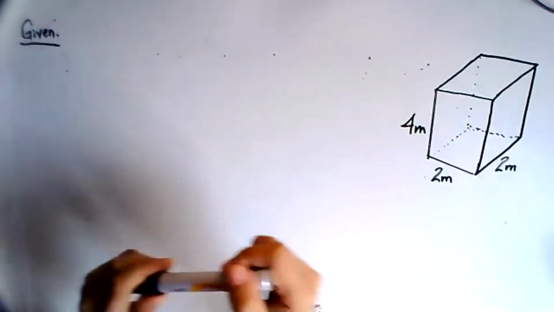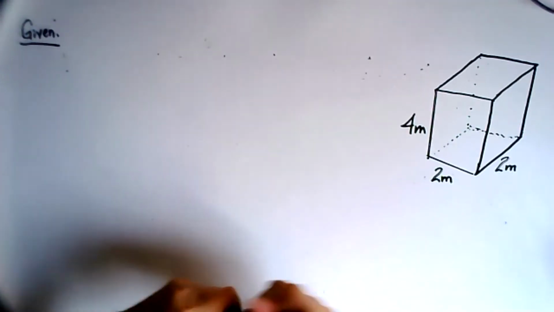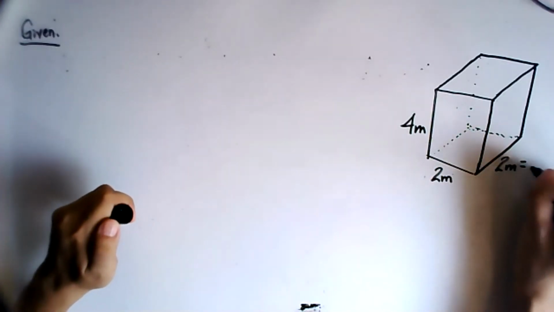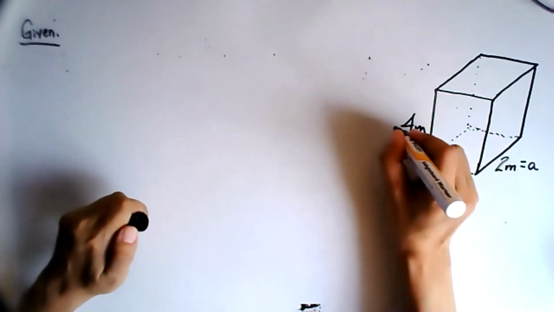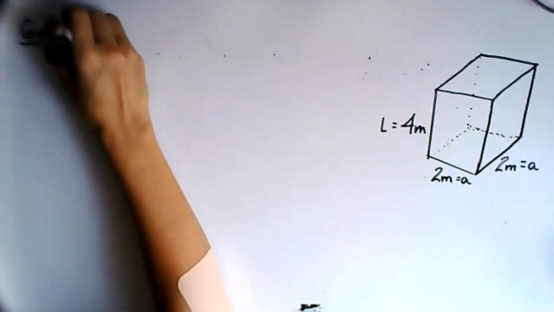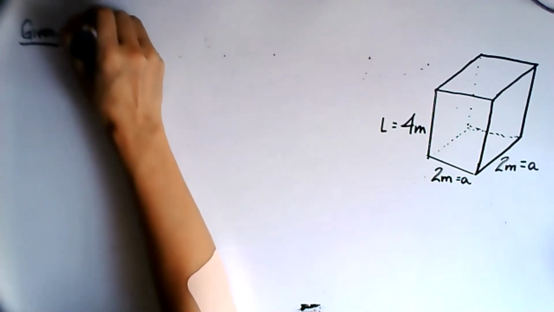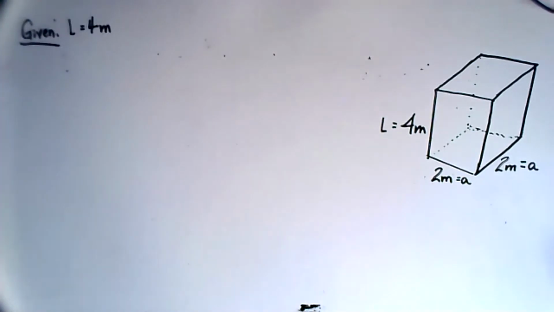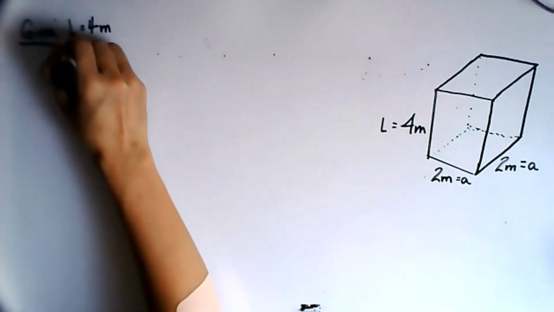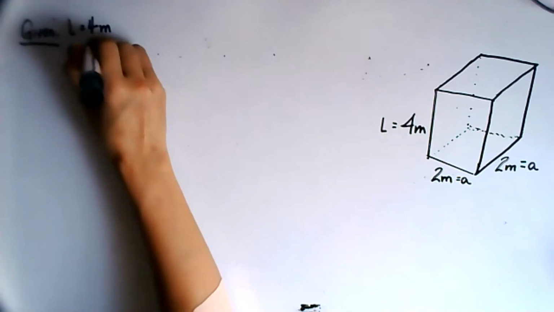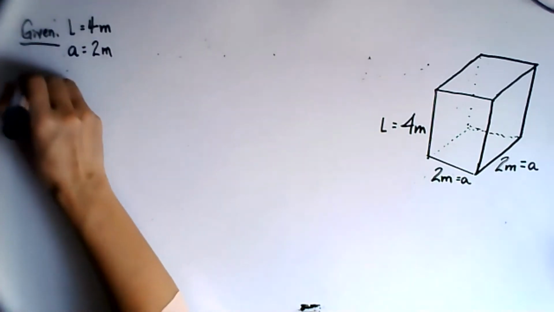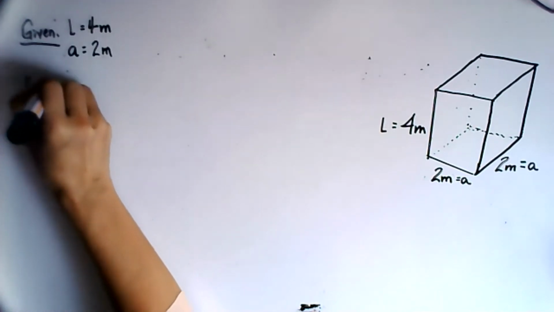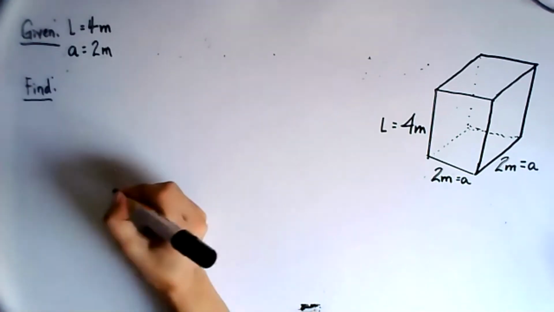So if we are going to determine, let's say this is A. This is also A. And let's say this is the lateral edge, that is L. So if we are given L equals 4 meters, wherein L is the lateral edge, and A is the base edge, which is 2 meters, then we are going to determine what?